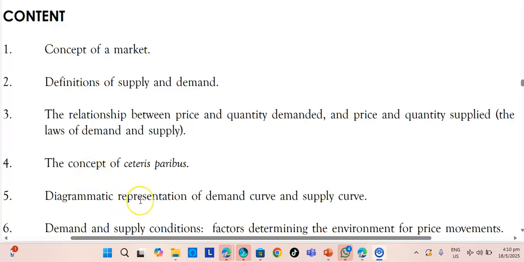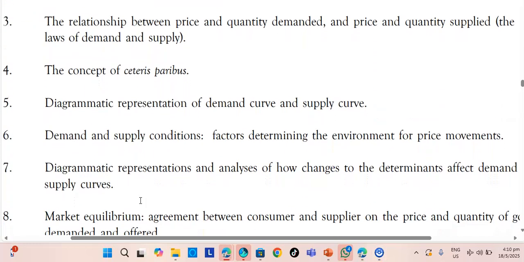So we are going to look at, well, as I said before, the syllabus does not show us diagrams. So I want you to go to your textbook and look at a representation of the demand curve and the supply curve, if you can. I could explain the demand curve and the supply curve, but for diagram purposes, you'll have to go to your textbook for that.